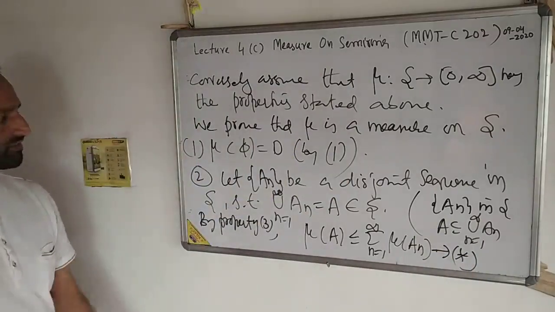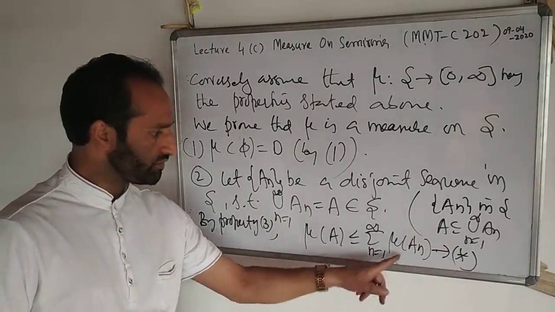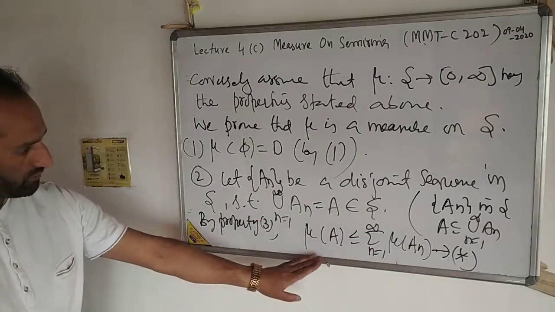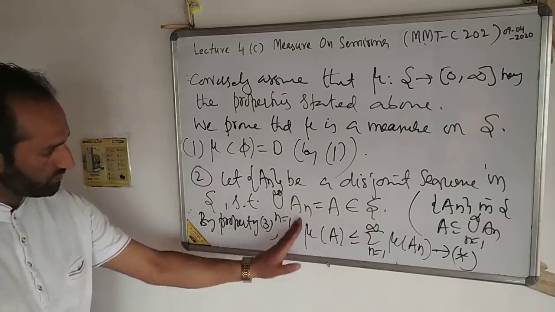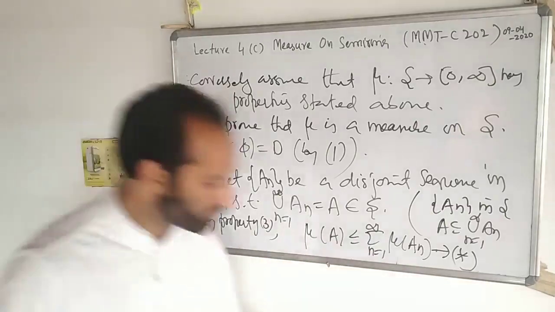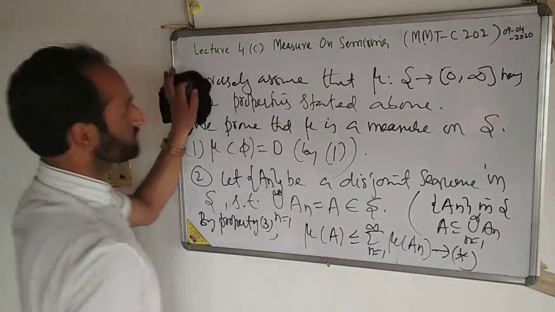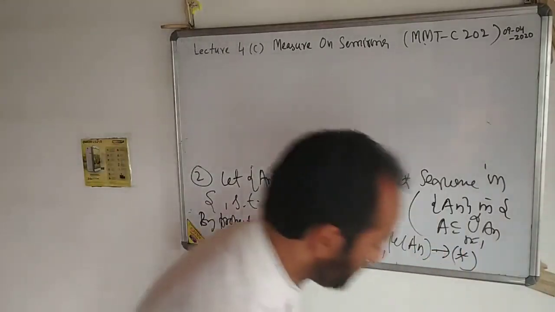Now we prove the reverse. Actually, we have to prove that mu of the union is equal to the summation n runs from 1 to infinity mu of An. But what we have proved is that mu of the union is less or equal to the summation n runs from 1 to infinity mu of An. Now we prove the reverse inequality.